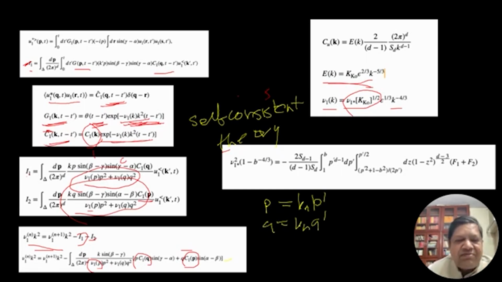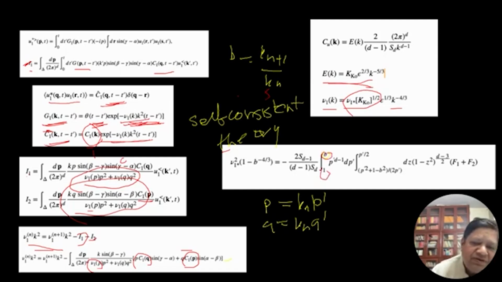Since p is bigger than kn, p prime goes from 1 to b. So what is b? b is kn plus 1 by kn. The maximum value p can take is kn plus 1, so p prime can go up to b. So p goes from 1 to b.